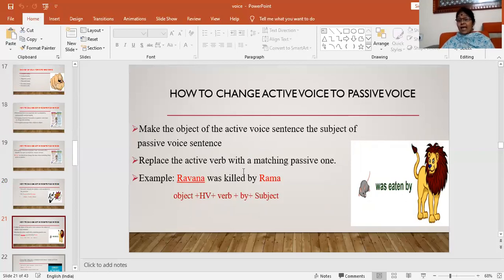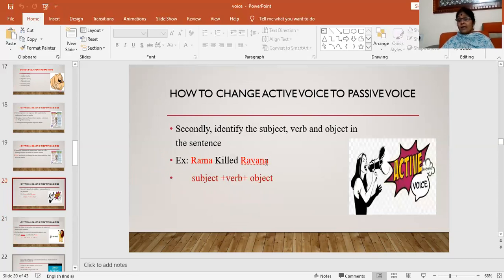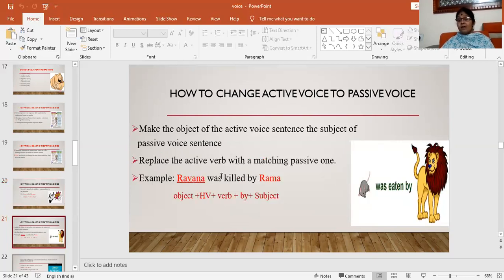So, replace the active verb with a matching passive verb. Now, what we did over here, Rama killed Ravana. Now Ravana will come here, Rama will go here, and whatever changes we have to make with the verb, we will make. And what is it that we made? Ravana was killed, and then there is an agent, that is by.